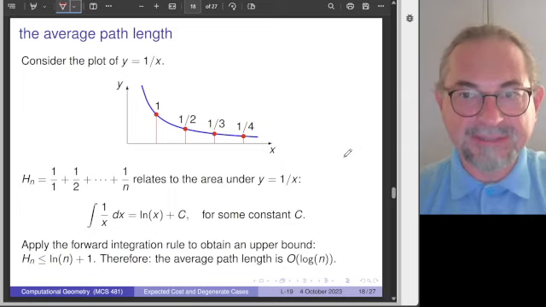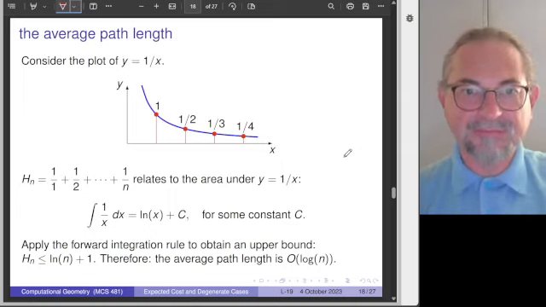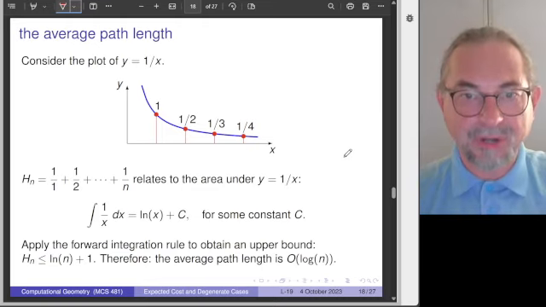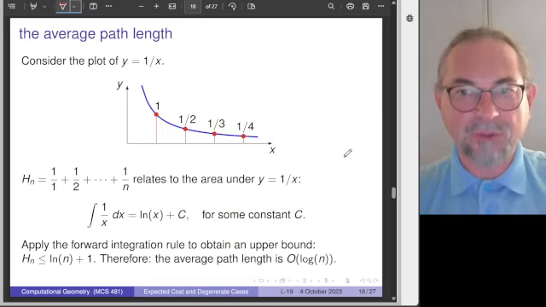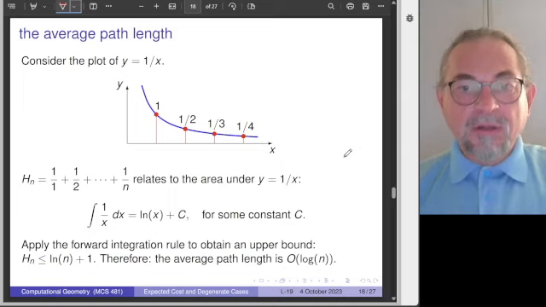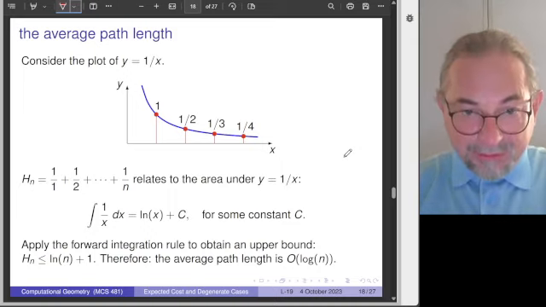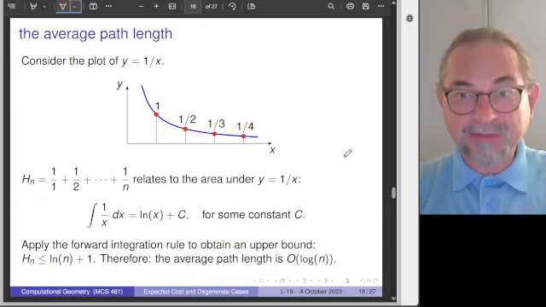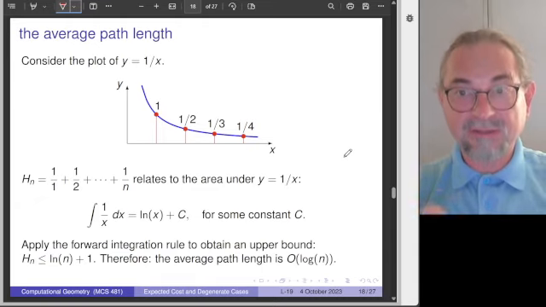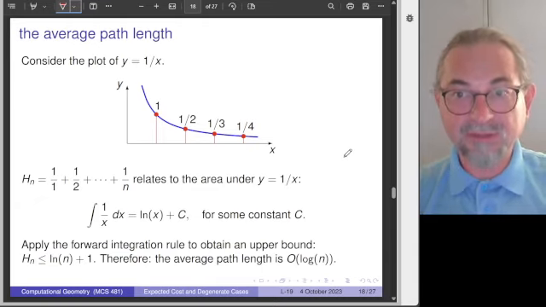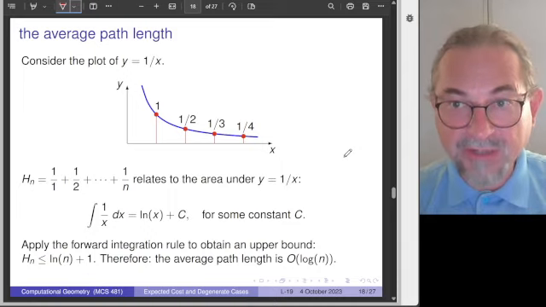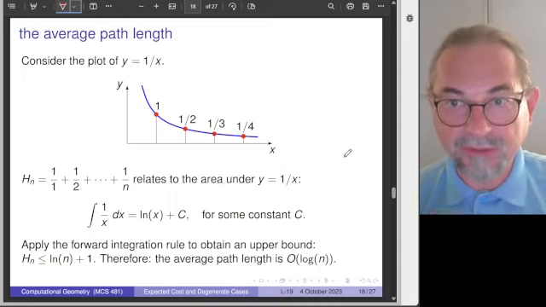But in some sense, the top-down provides the surprise element of the harmonic numbers. Important, the bottom line: the average path length is logarithmic in the size of the input. So the number of line segments is n.